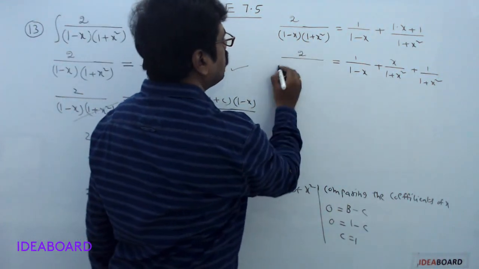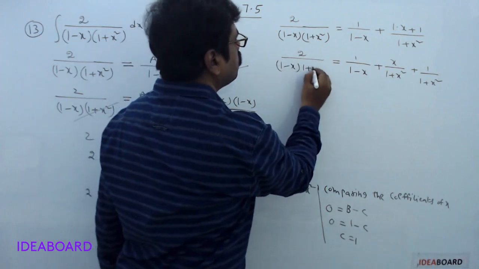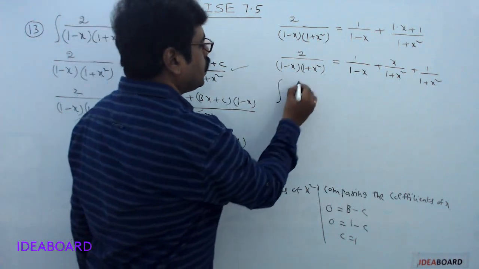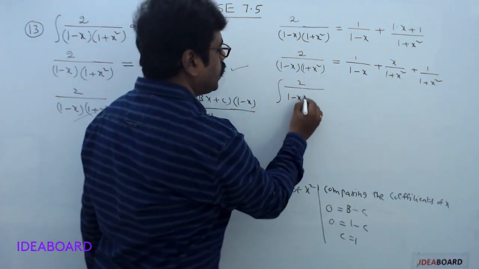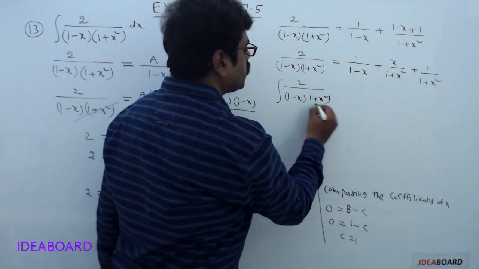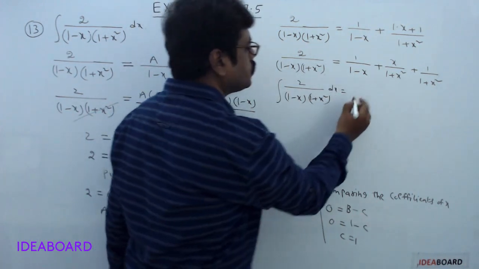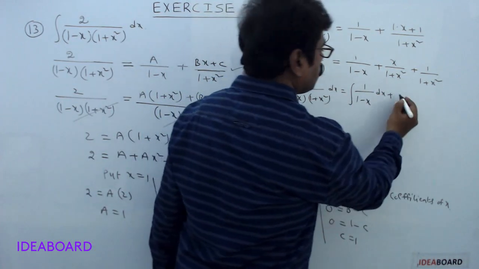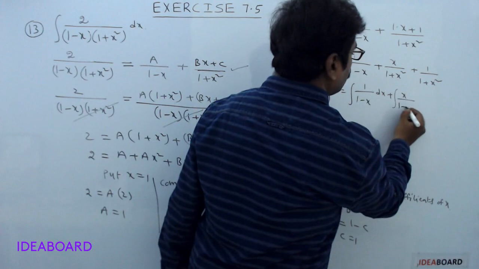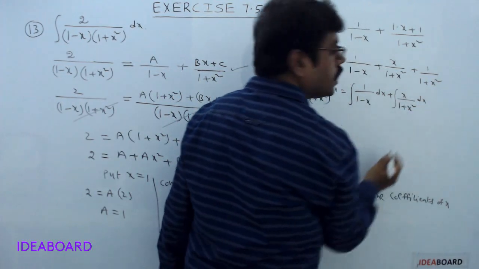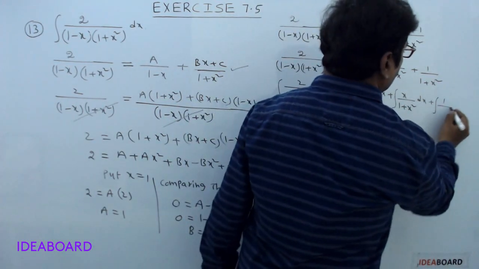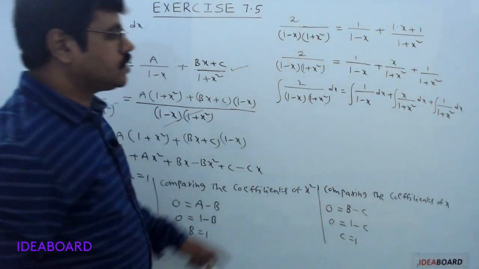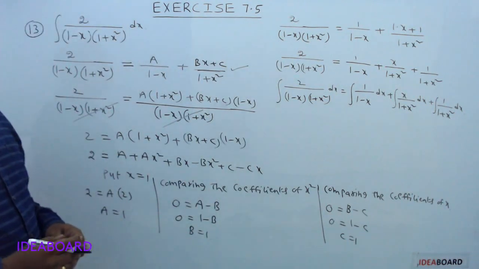First write down the LHS value: integral 2 divided by 1 minus x into 1 plus x square dx equals integral 1 divided by 1 minus x dx plus integral x divided by 1 plus x square dx plus integral 1 divided by 1 plus x square dx. First write down those steps, then we will discuss the continuation.